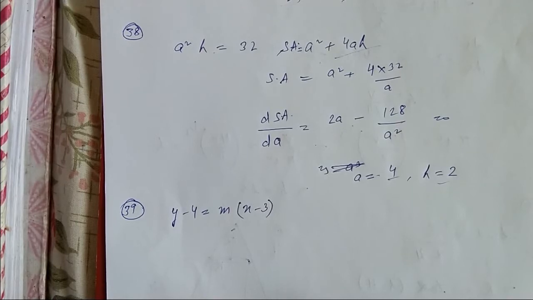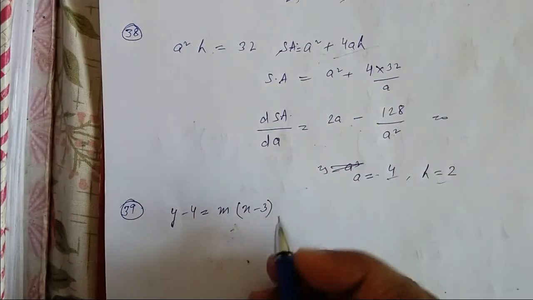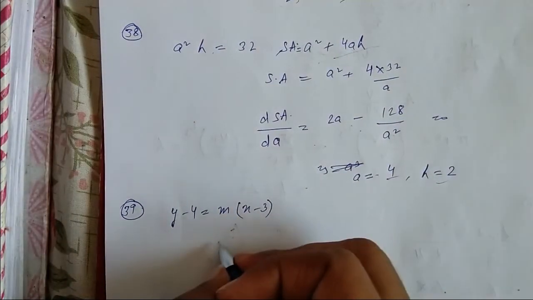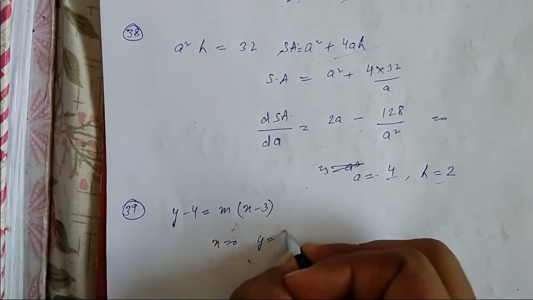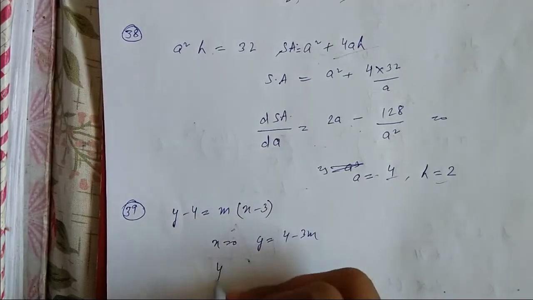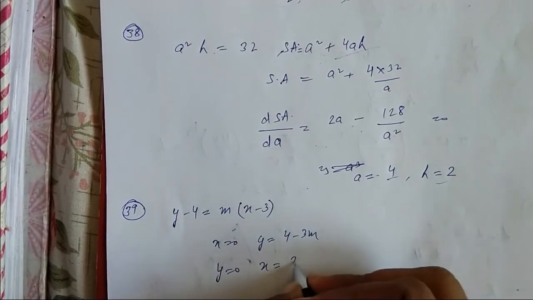But just for the sake of solving, let's say the slope of the line is negative. So at x equal to 0, y is equal to 4 minus 3m, and at y equal to 0, x is equal to 3 minus 4 by m.